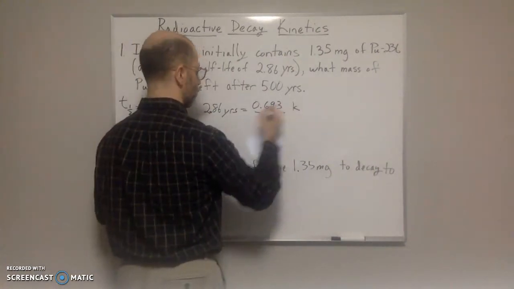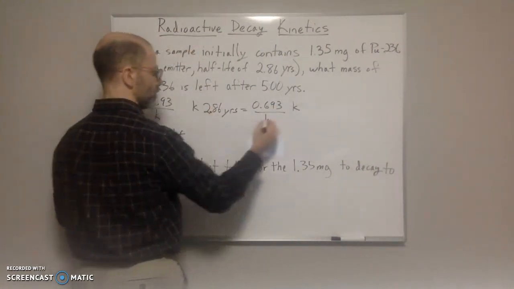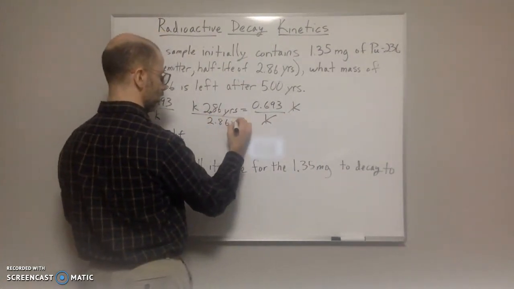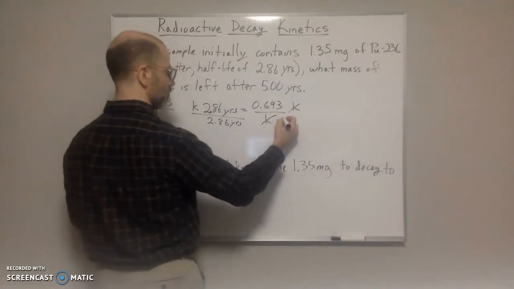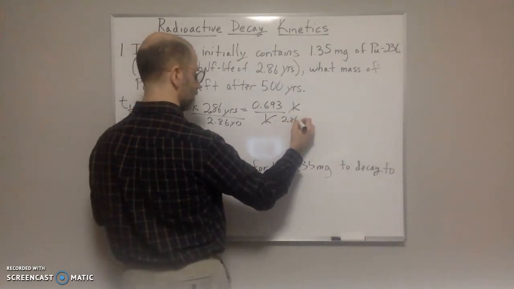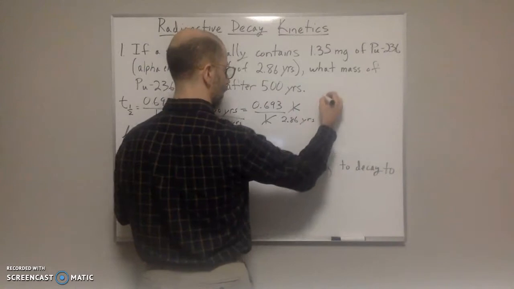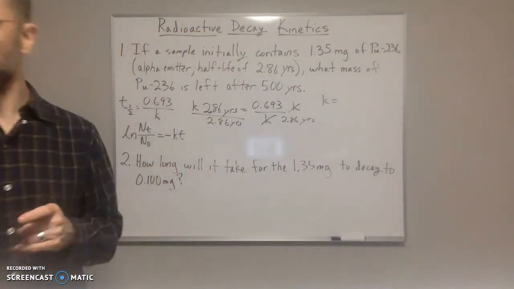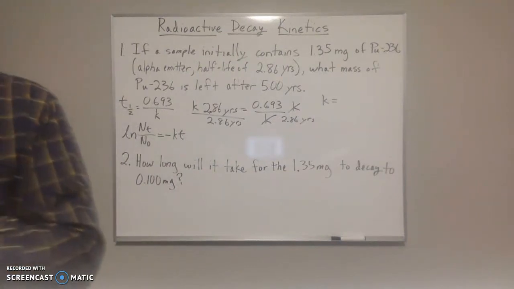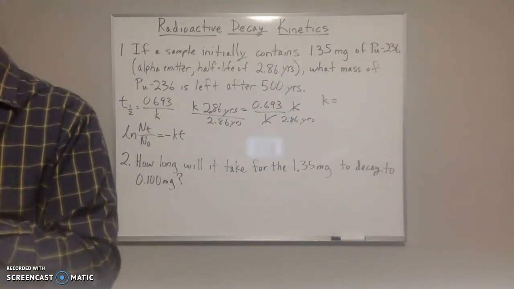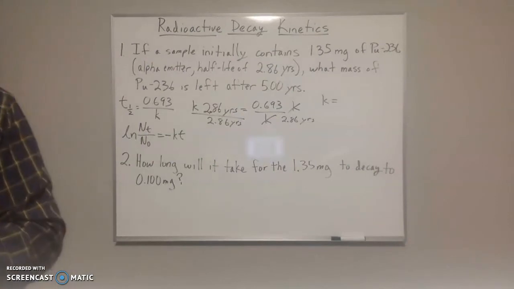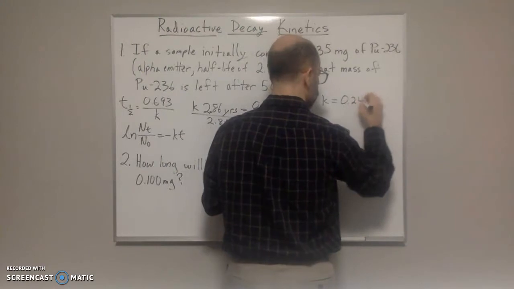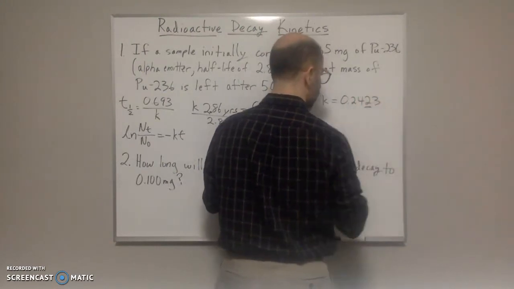We multiply both sides by k, divide both sides by 2.86 years, and we get k is equal to, let us calculate that, 0.2423, underline the 2.